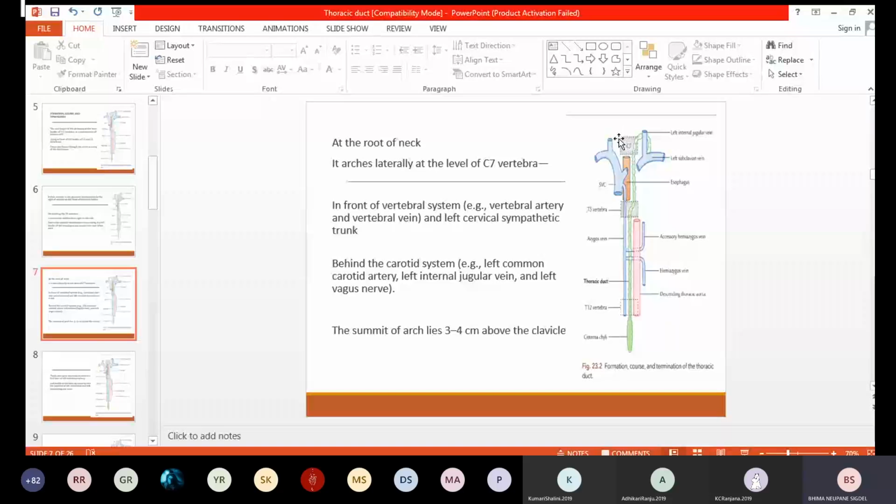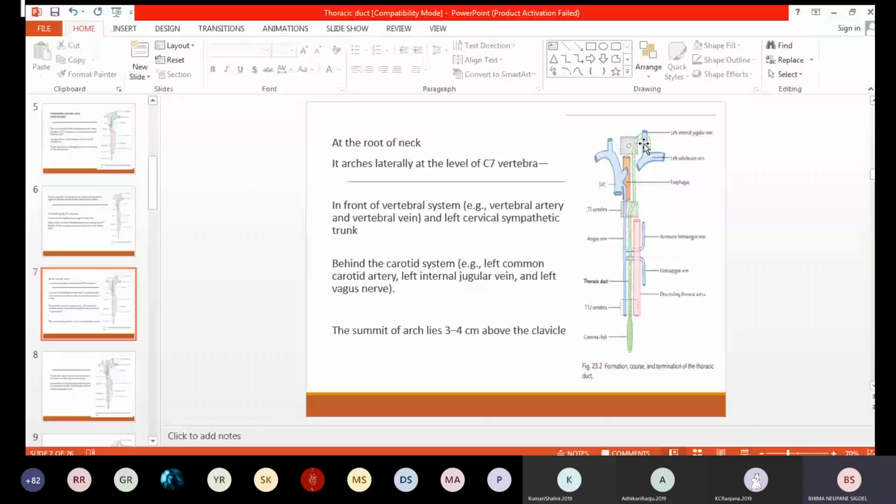From here it arches somewhat laterally, upward and then moving downward and medially. You can see here, in front of the vertebral system, that means it comprises the vertebral artery and the vertebral vein. You can see here the arching.